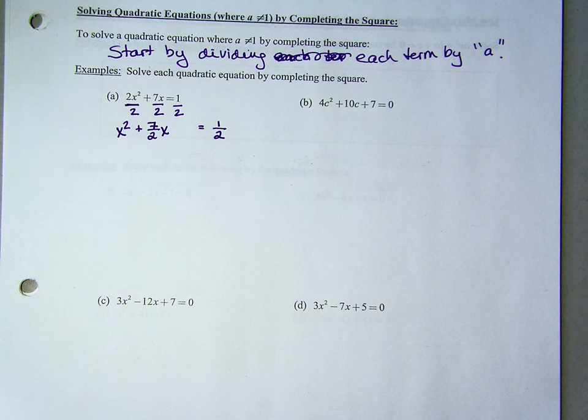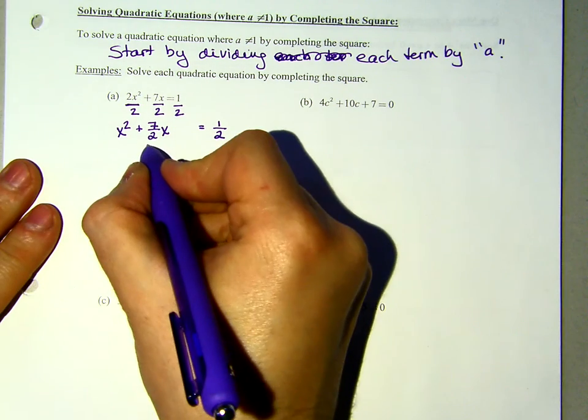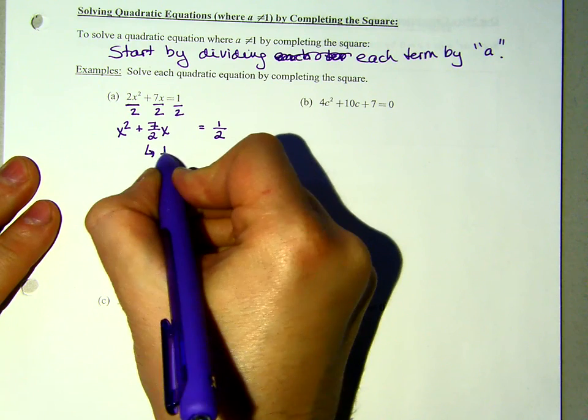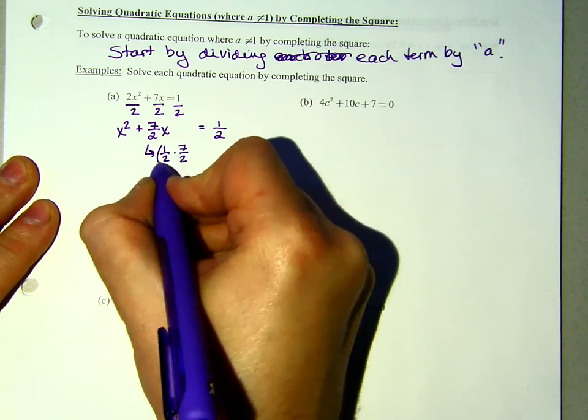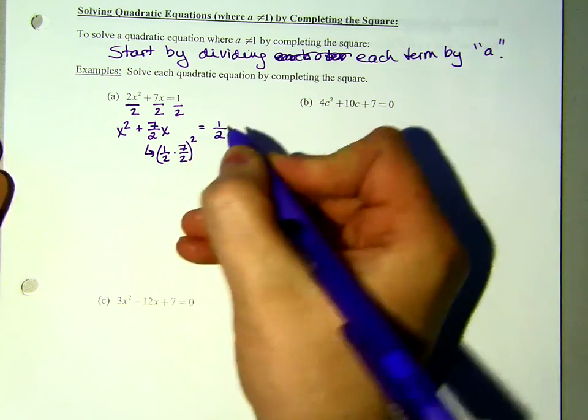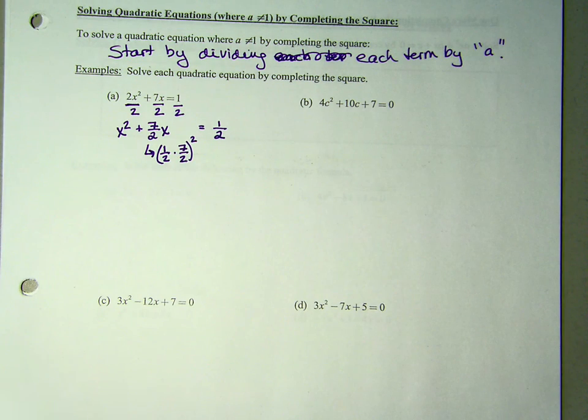I'd rather not do that. Rather than dividing a fraction by 2, what's an equivalent way of dealing with that? Multiplying by a half. So I want to do the problem 1/2 times 7 halves, half my middle number, and then I'm going to square it. That's going to tell me what I'm going to add to both sides.